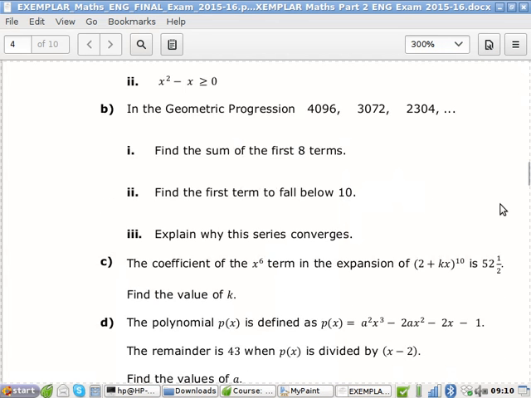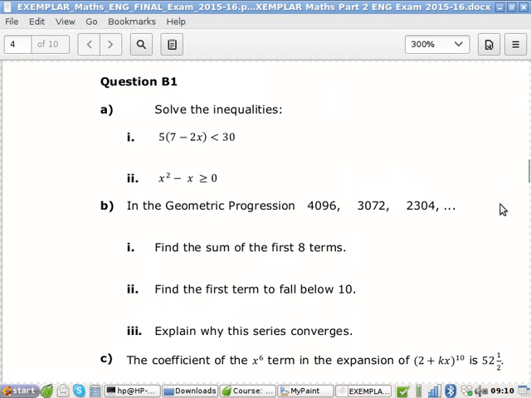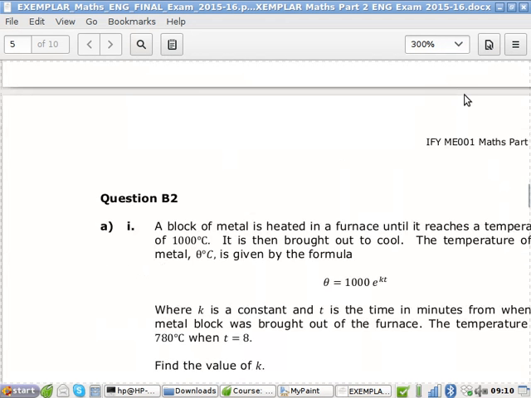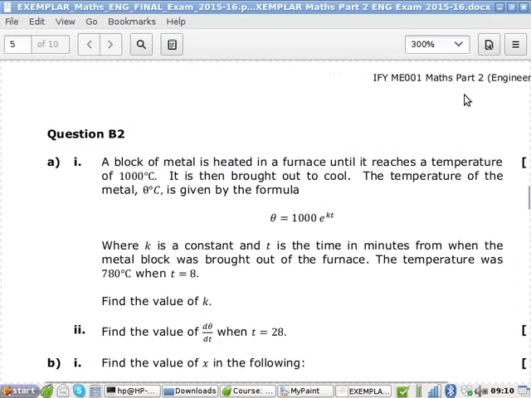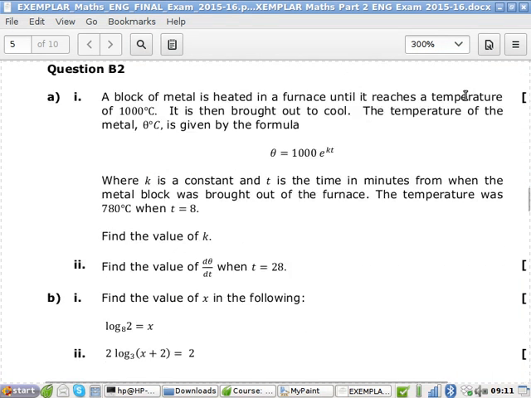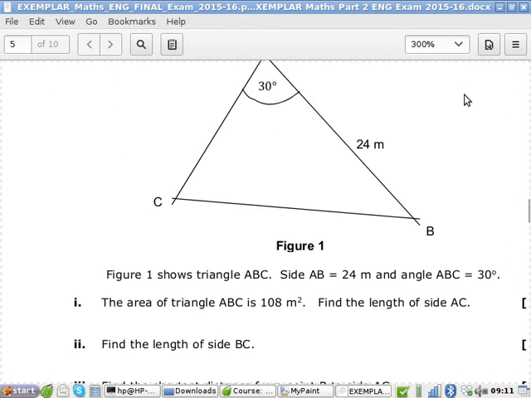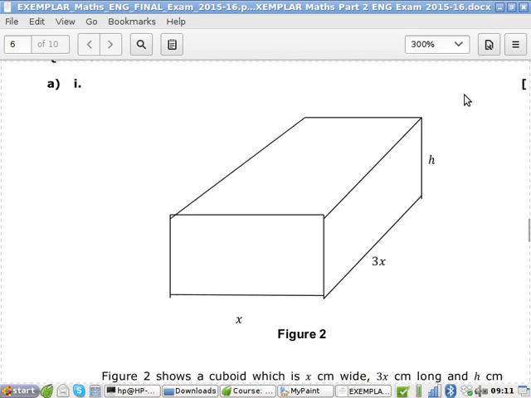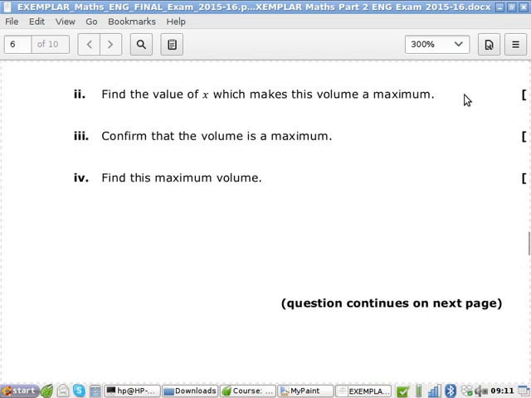Wait. This looks familiar. Are we sure we didn't do this one? We did this one, didn't we? I think we did this one. No, this one not for sure.